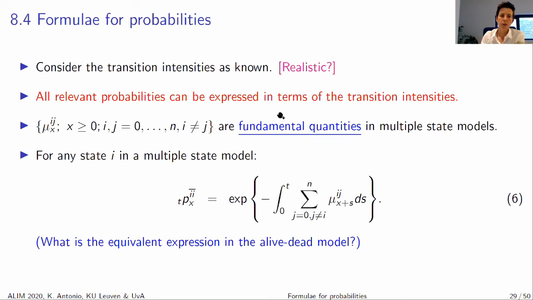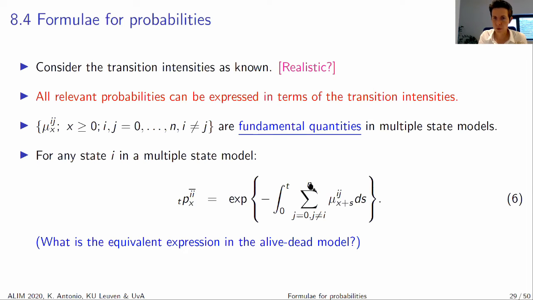Right. Now here is a very important first definition, and that is this probability of staying in state i between x and x plus t can be written as the exponential of minus the integral from 0 to t of the total force of decrement, let's say.